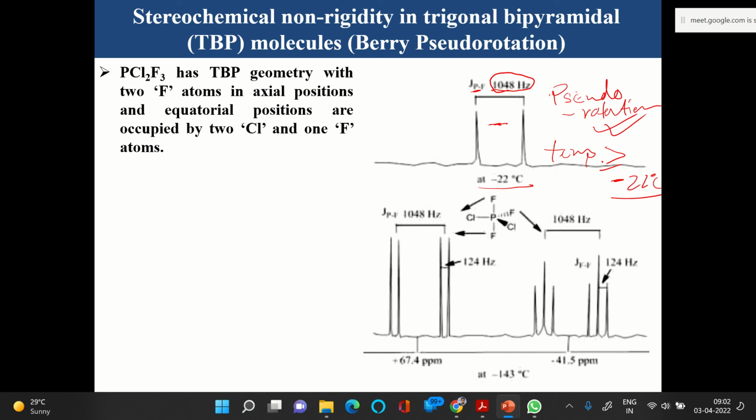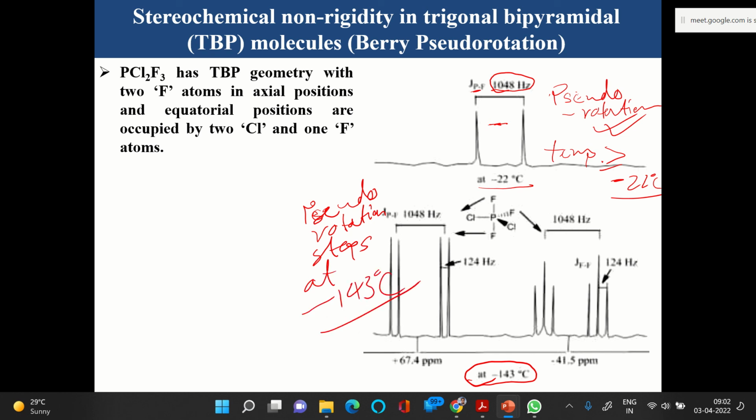Now if the temperature is reduced to minus 143, then the pseudo rotation stops. Pseudo rotation stops at minus 143 degrees Celsius.